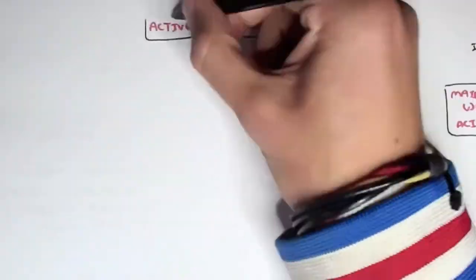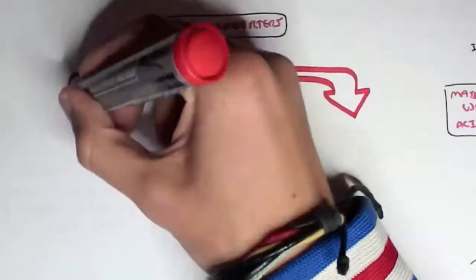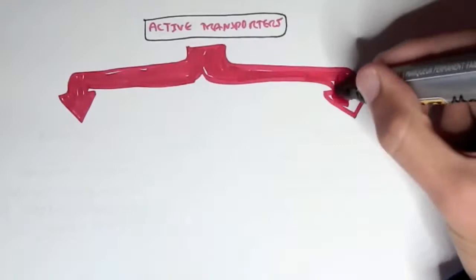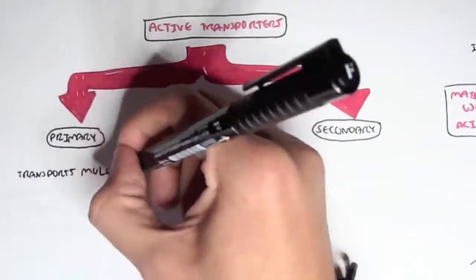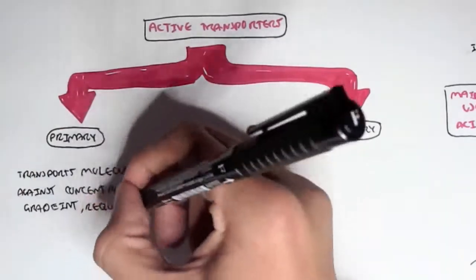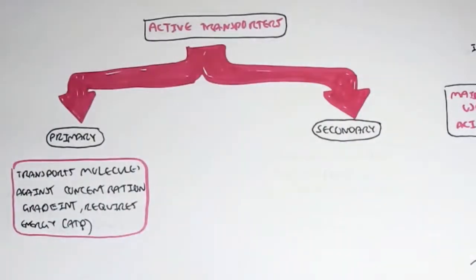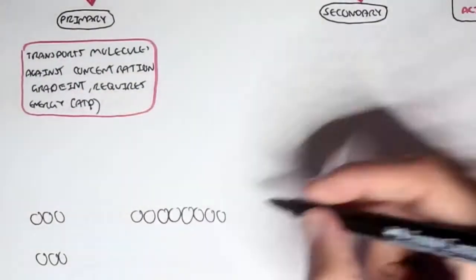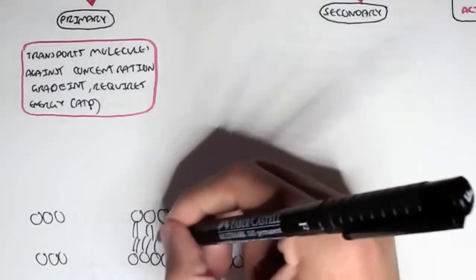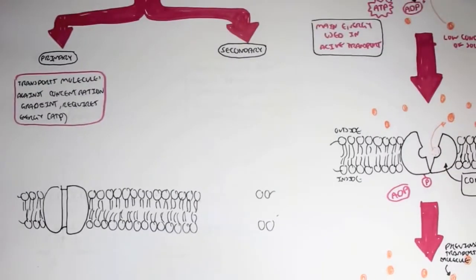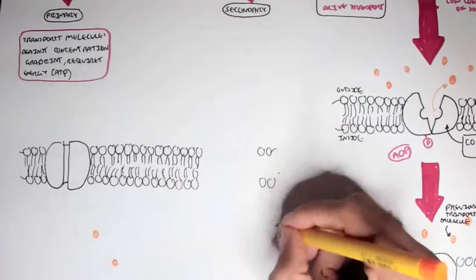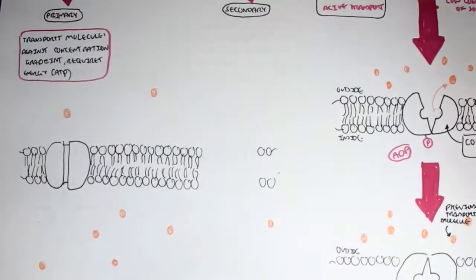So active transport can be divided, as we've seen, into primary and secondary. And we just saw an example of primary. In primary, the transporter moves molecules against their concentration gradient, and this usually requires energy as ATP. Just quickly illustrating it again, we have a primary active transporter here, and we have two types of solutes, one in red and one in orange.